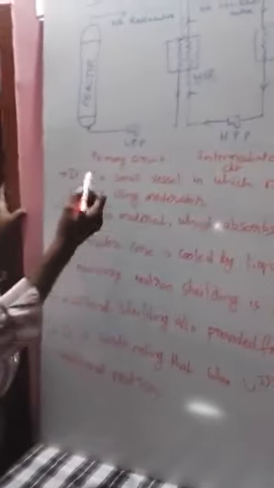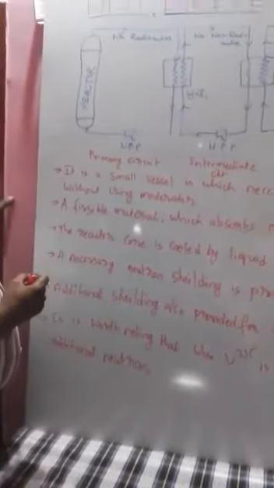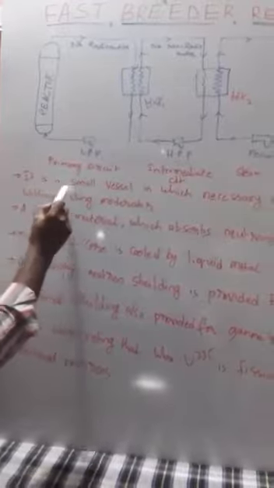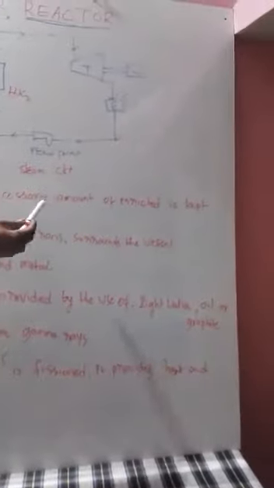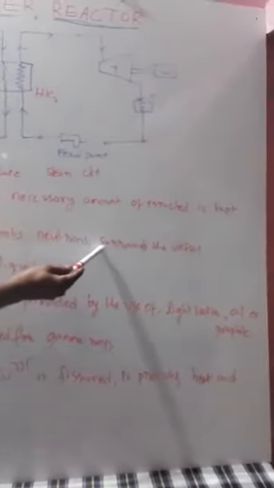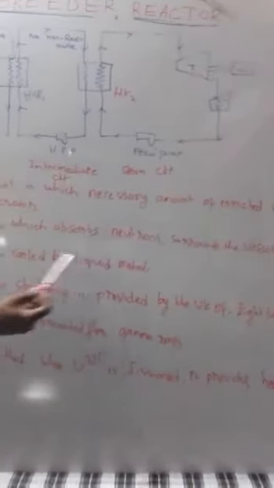Let us have the four important points regarding this fast breeder reactor. It is a small vessel in which a necessary amount of enriched fuel is kept without using a moderator. A fissile material which absorbs neutrons surrounds the vessel. The reactor core is cooled by liquid metal.